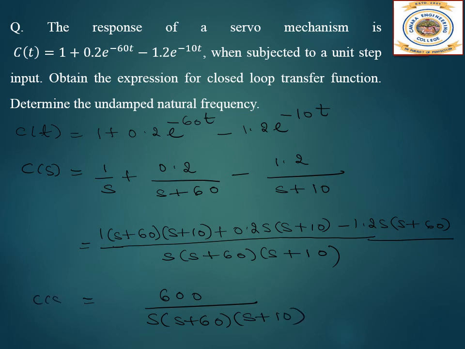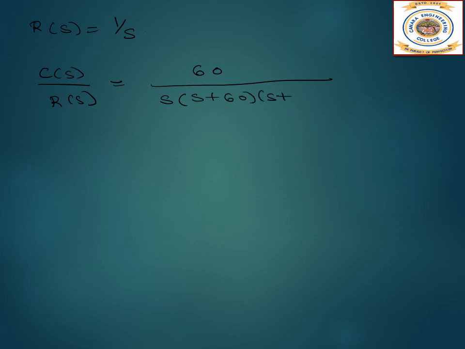This is C of S. We know it is unity feedback with unit step input, so R of S is 1 by S. If I take C of S by R of S, dividing by 1 by S, the S and S get cancelled.